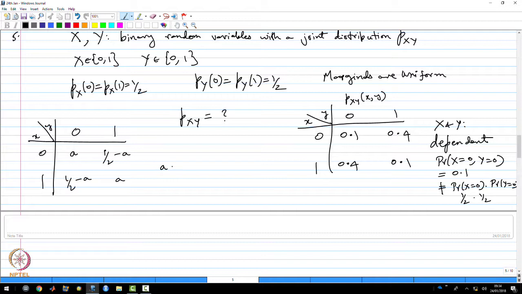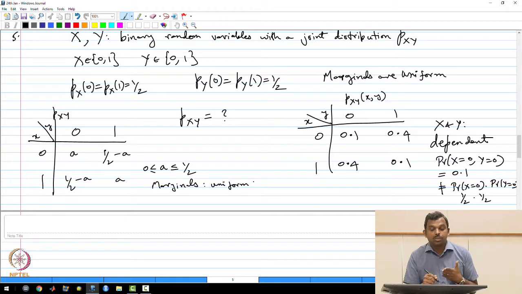And a could be any value in the range 0 to half. Okay, so for any a from 0 to half, this joint PMF will always give you marginals which are uniform for both x and y.